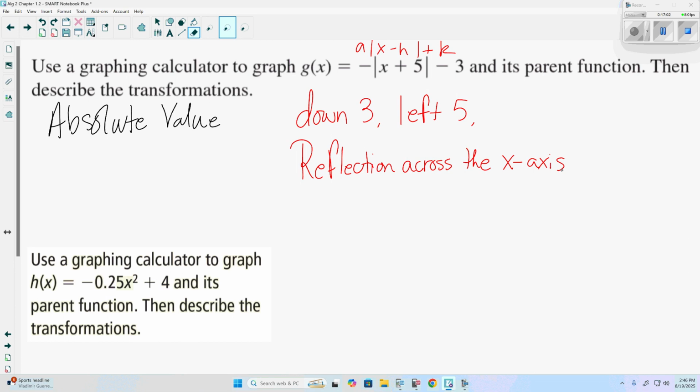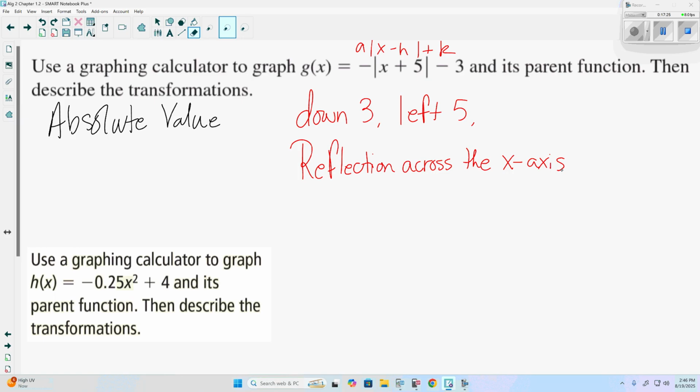Is the number for a something other than 1? No, it's just 1, yes? So that means there's no vertical stretch or shrink. If it had been, say, negative 2 in front of that absolute value, the negative would tell us it's a reflection across the x-axis, and the 2 would tell us a vertical stretch.